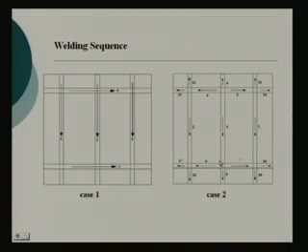Here the stiffeners, by virtue of putting them in, are adding stiffness to the structure. At the same time, because of putting them in, they are putting thermal stresses in the structure. So stiffness should negate the thermal stresses it is generating because of the welding.